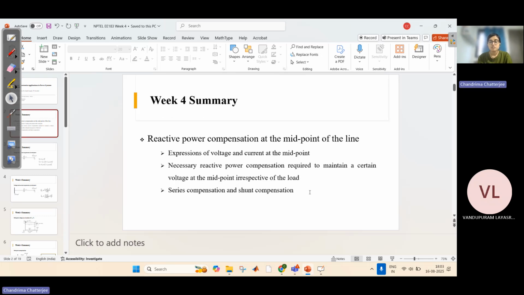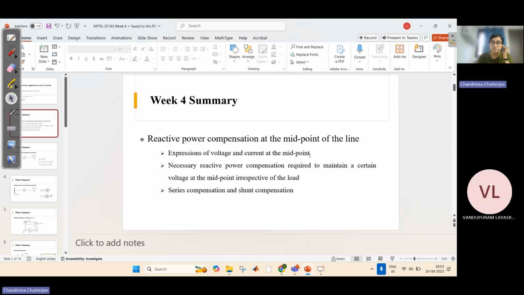So, just to recapitulate our last discussion, in our last class, we solved the numerical problems on the active power and reactive power of the sending end side and the receiving end side, right?